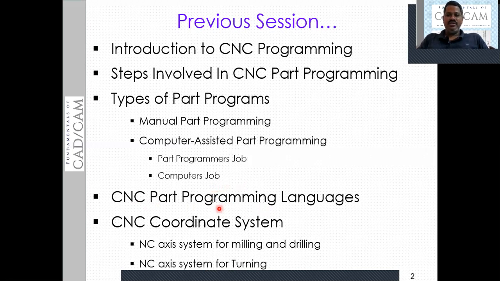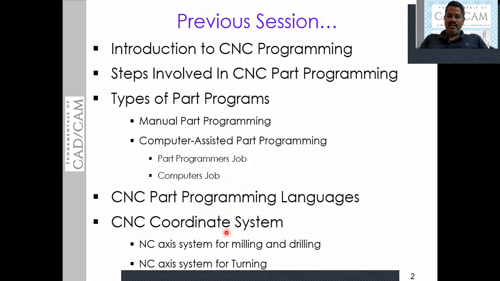We saw the different types, but out of all these CNC part programming languages, APT is normally and widely used by the industries, because the program is more flexible to write, to instruct the NC machine. So we discussed these different types of part programs.